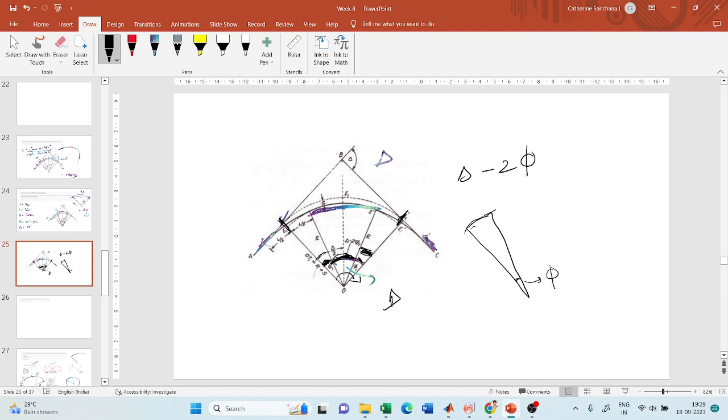This is my phi. This length is L by 2, the transition curve length divided by 2. And this is R plus S. At this point it is R plus S, but you need it about the center because this arc is about the center.